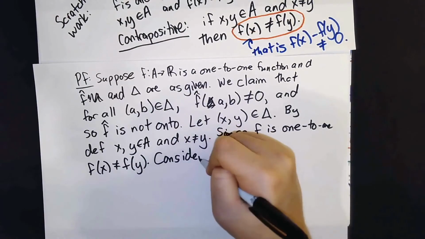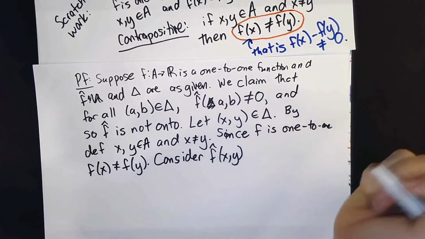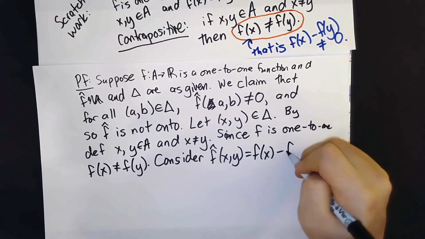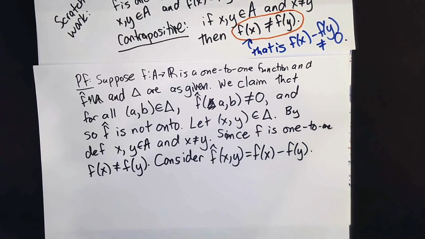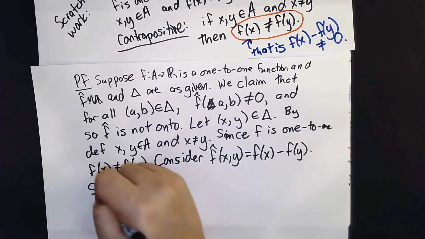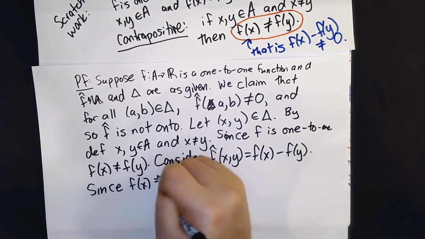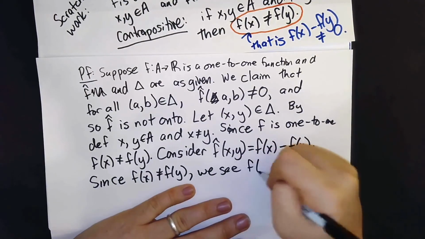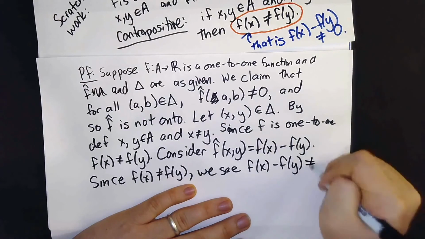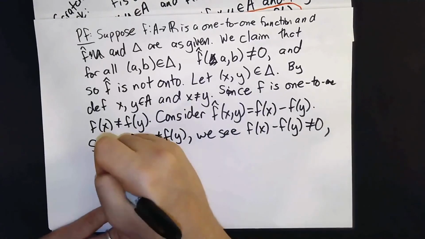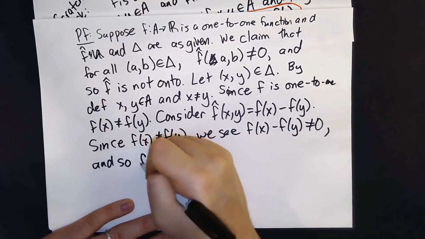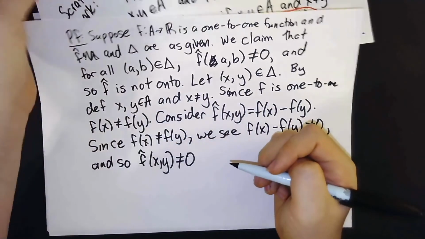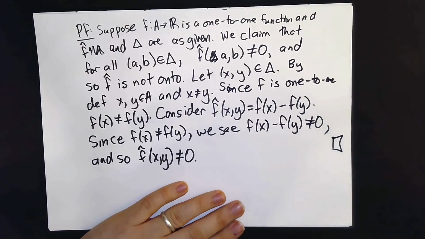Now, consider f hat of (x, y). What is it? It's f of x minus f of y. But since f of x is not equal to f of y, that tells us that f of x minus f of y is not 0. And so f hat of (x, y) is not 0. That's what we needed to prove, and that completes our proof.